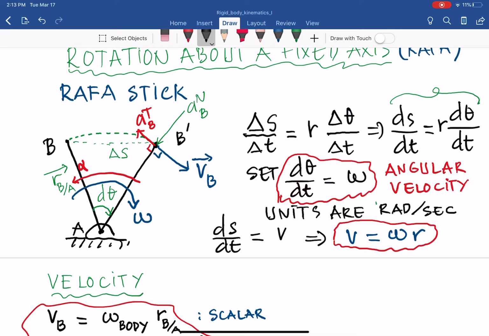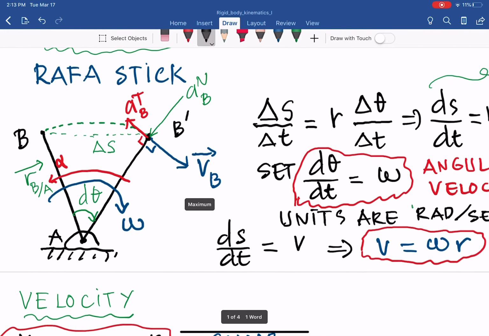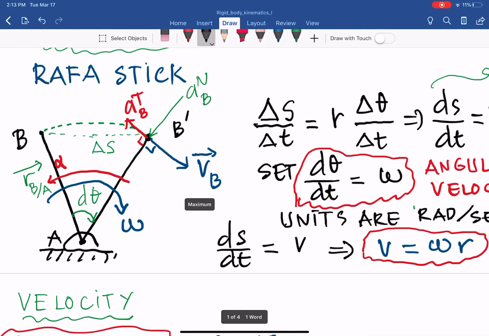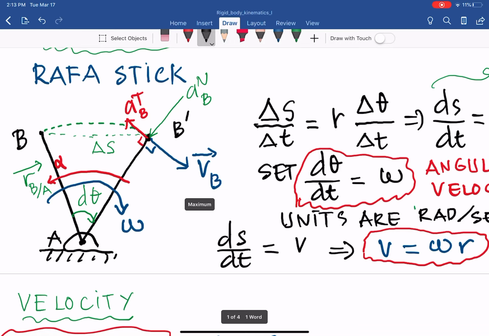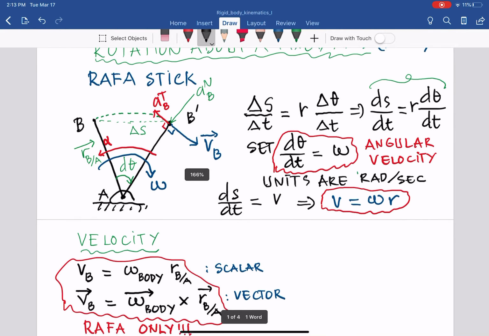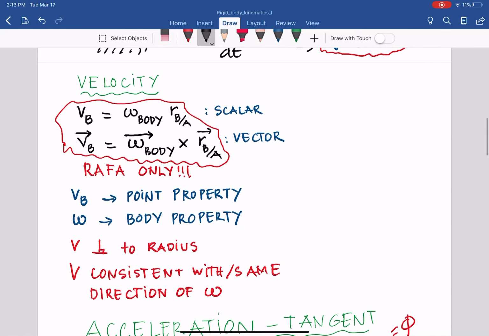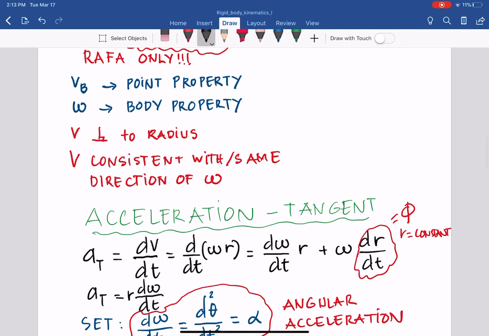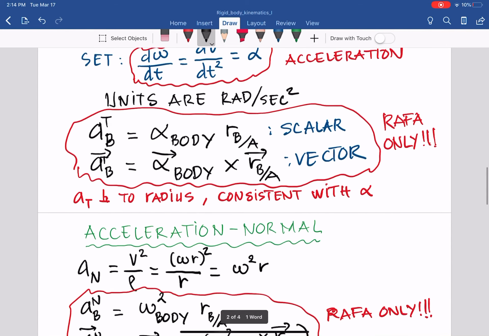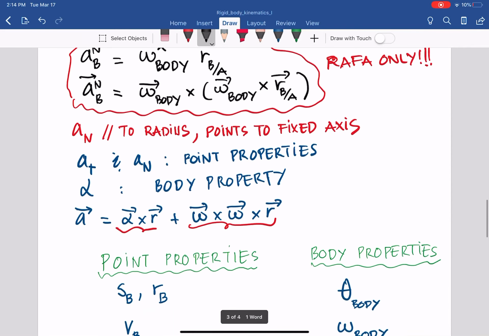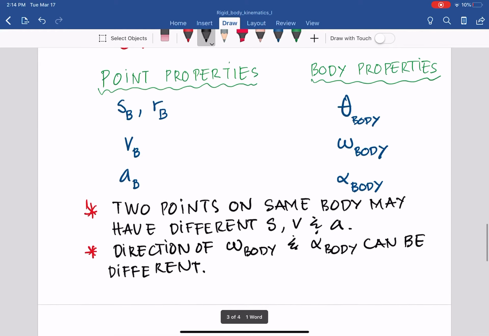Velocity V_B and omega are consistent in direction. And the tangential acceleration A_BT and alpha are consistent in direction as well. But alpha and omega are only in the same direction when they accelerate, increasing speed. They will be in opposite directions when decelerating or reducing the speed.